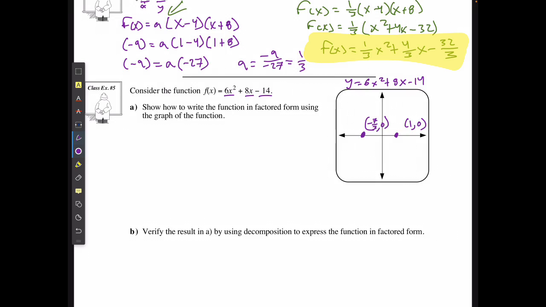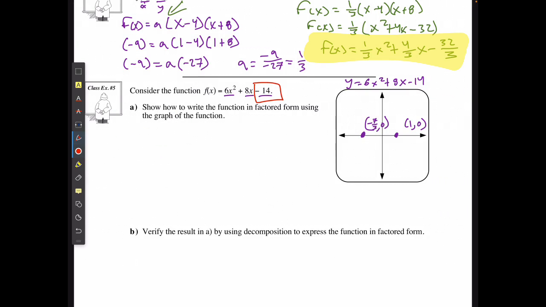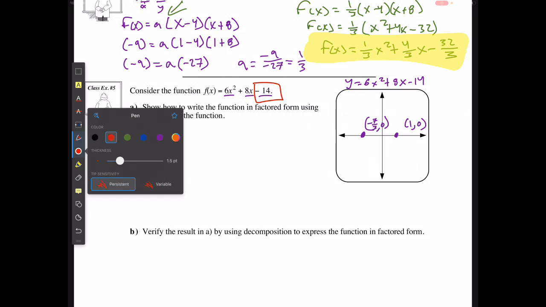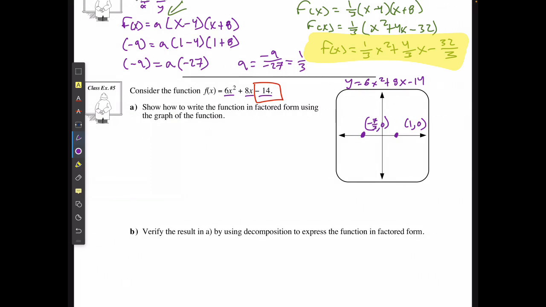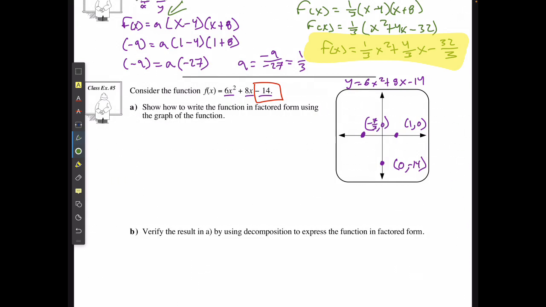I also know from my equation, because this is already in general form, that my constant is the y-intercept. So I can also state that I'm going to have the point of 0 and negative 14. And from there, I can expand out my graph.